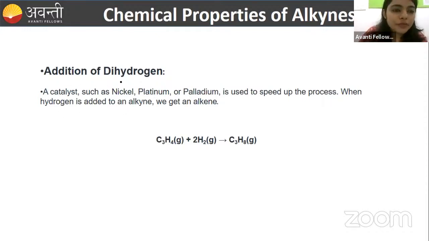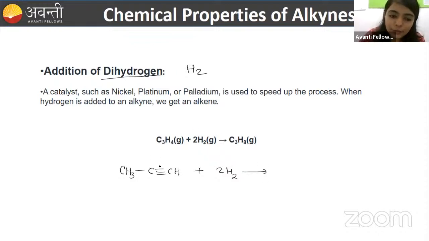Now addition of dihydrogen. Dihydrogen means H2. Okay, so if C3H4 is present, C3H4 means CH3, C triple bond CH, if you take 2 moles of H2 gas, then it will add to this triple bond.